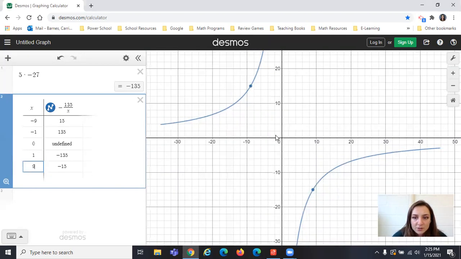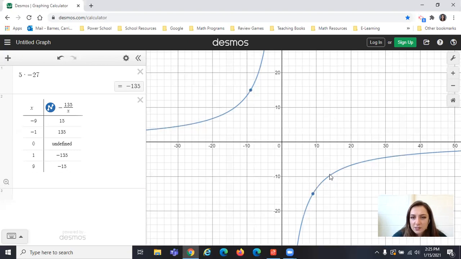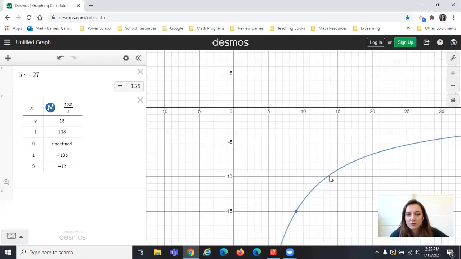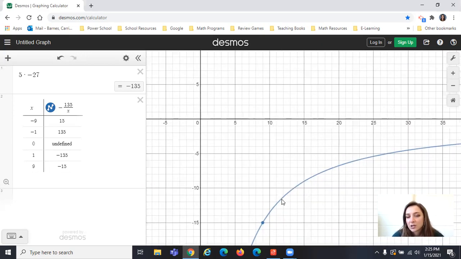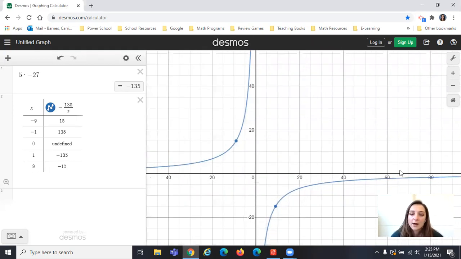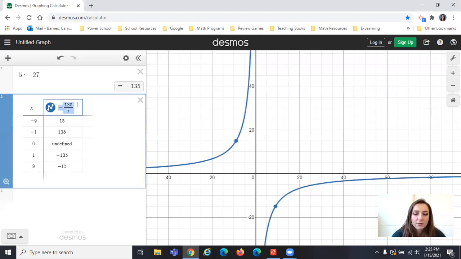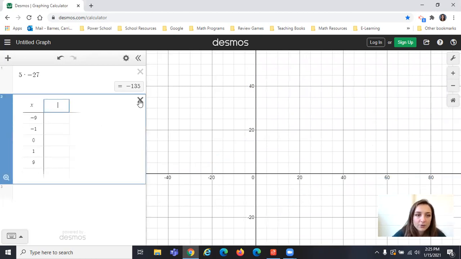Okay, you can also look here at this and you can drag the points. So if I click on the graph, I don't know if it's going to let me because I'm not in the table. Usually you can drag along here and see what the points are. But anyway, yes, you can use this resource. So let me show you what it looks like whenever I am not in the table.